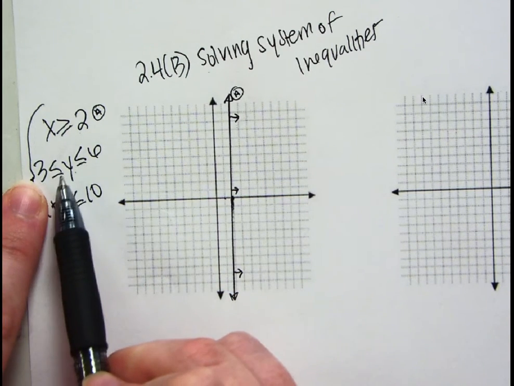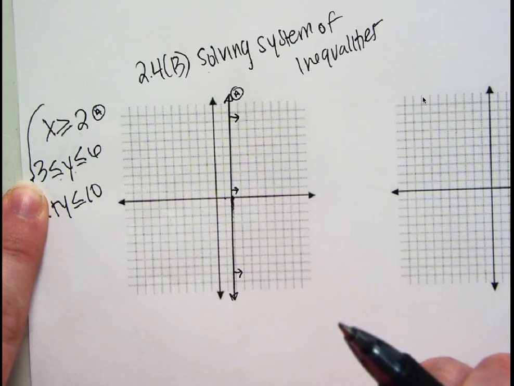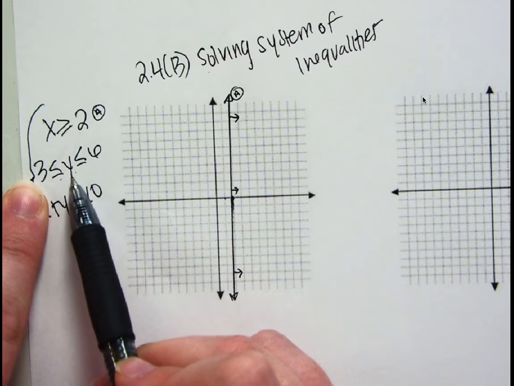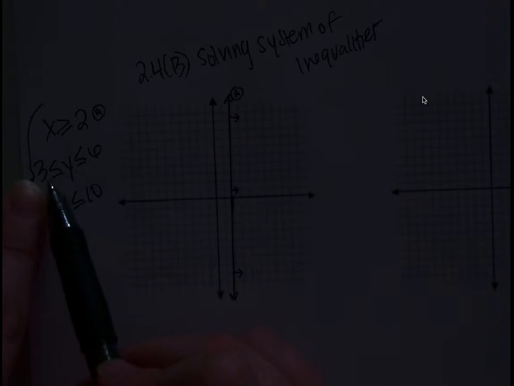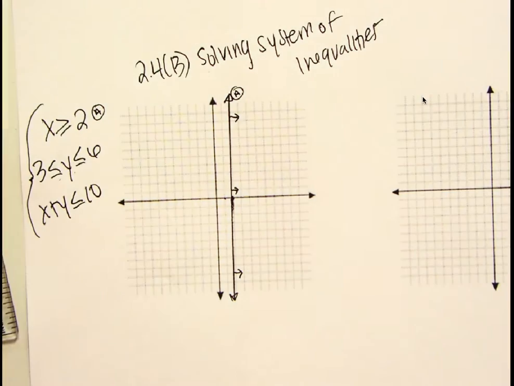All right, 3 is less than or equal to y, which is less than or equal to 6. That's a compound inequality. That means y is both greater than or equal to 3 and y is less than or equal to 6.